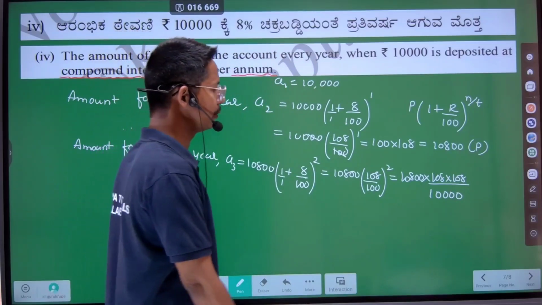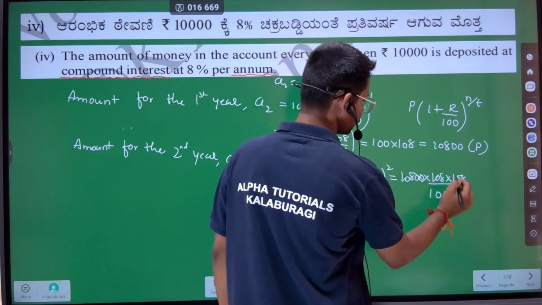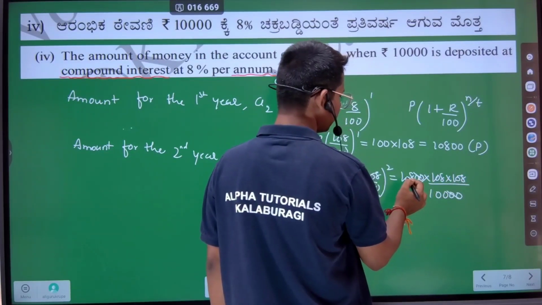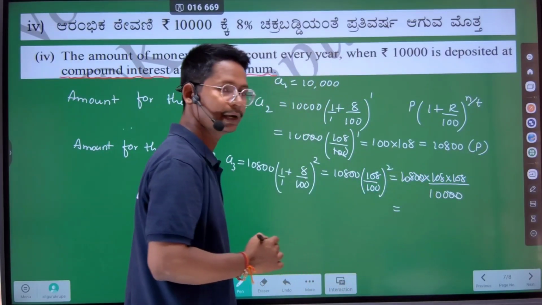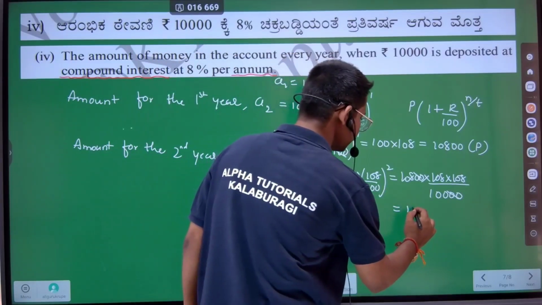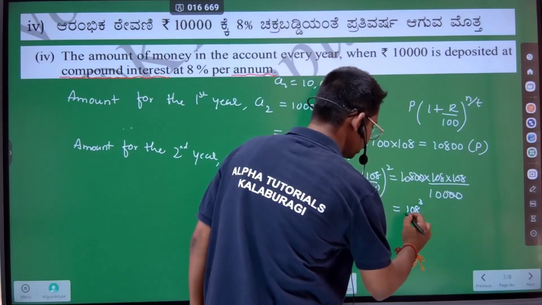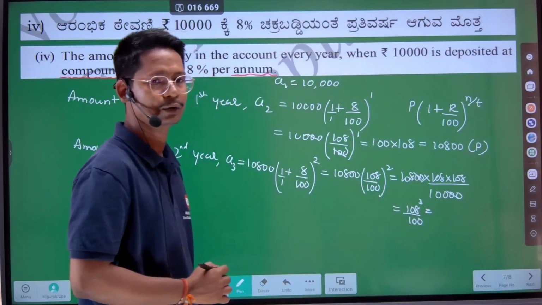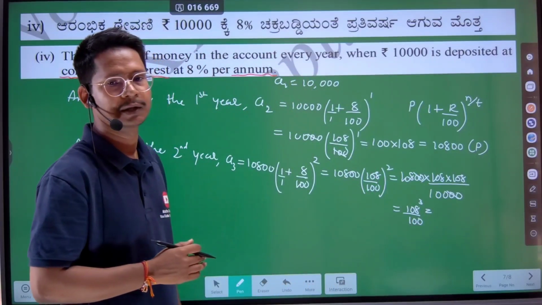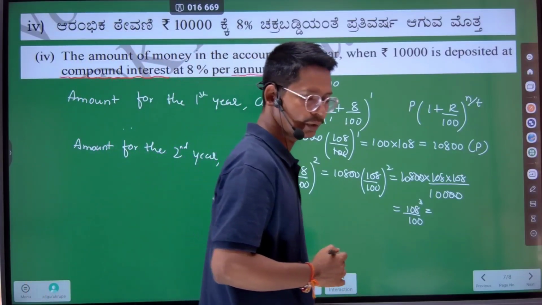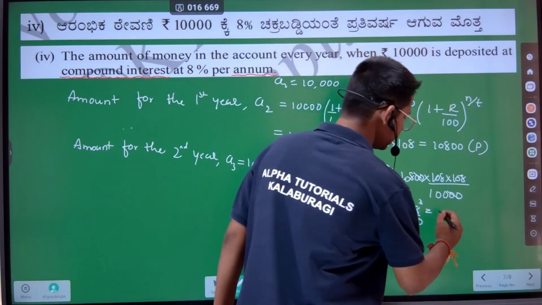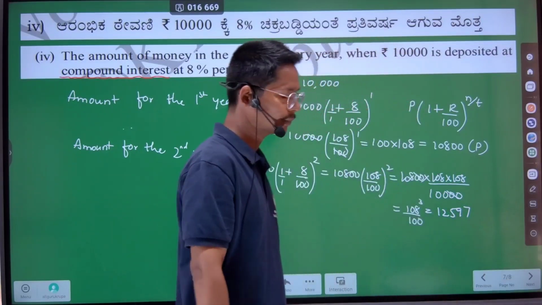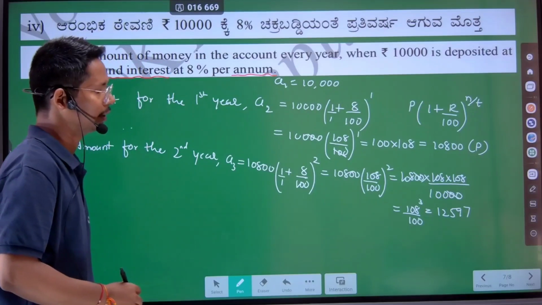Now 2 zeros cancel. Now 108 square and 108, so 108 cube by 100. So you calculate 108 cube and then shift the decimal left by 2 positions. You're going to get 12,597.